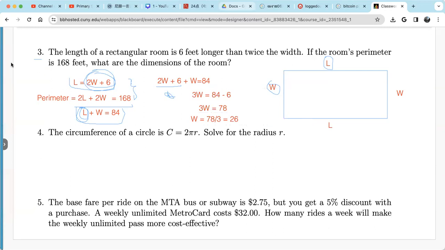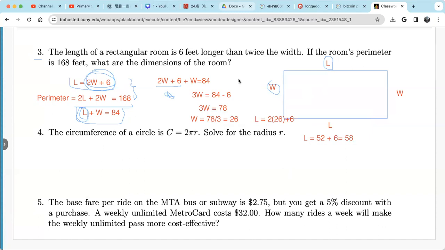If W equals 26, we need to find L also. L equals 2 times 26, 2W plus 6. Okay, that's L. So L equals 52 plus 6, because 26 times 2 is 52, plus 6, which is 58.